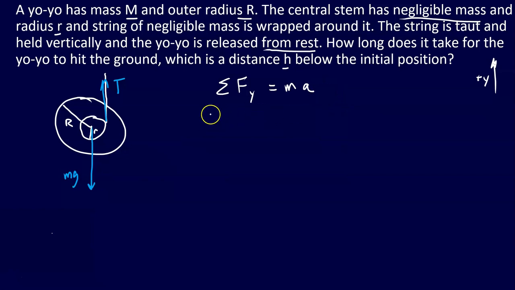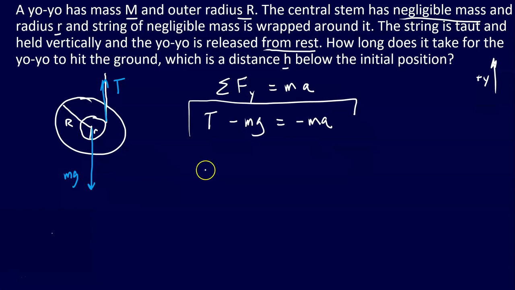Let's look at our forces. There's a positive tension, a negative mg, and we can say negative ma, because we know the acceleration of the yo-yo center of mass will be down. So we have this equation, but again we have two unknowns. We have the tension and the acceleration.